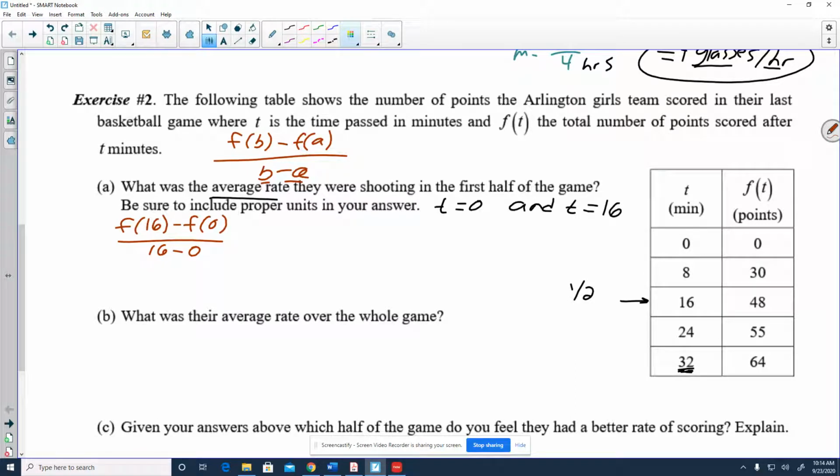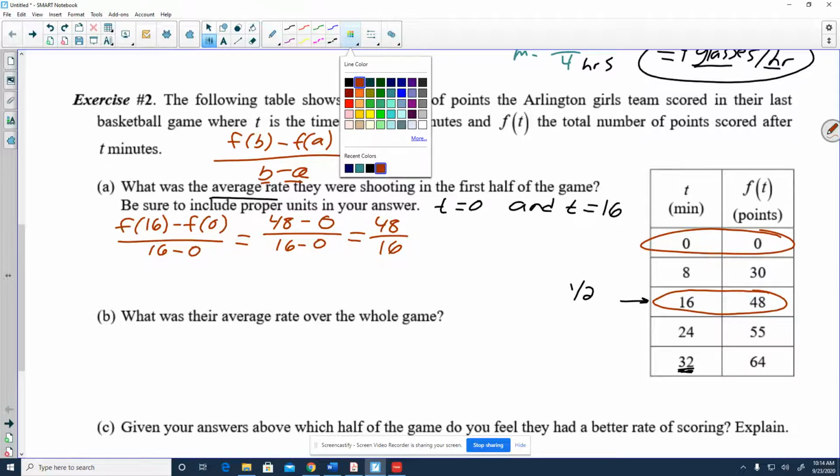On the top, we have our outputs. f of 16 is going to be 48, and f of 0 is 0. So this is just 48 divided by 16.